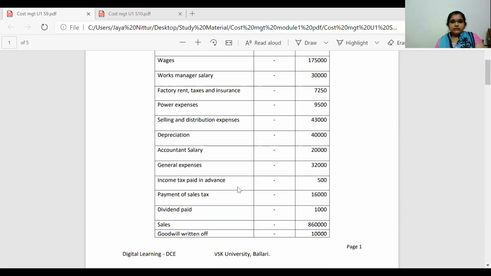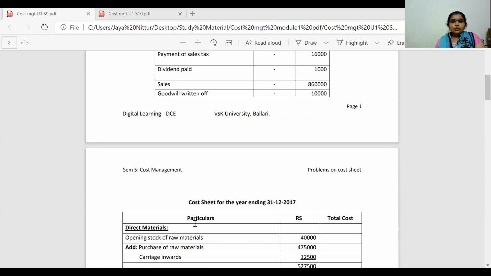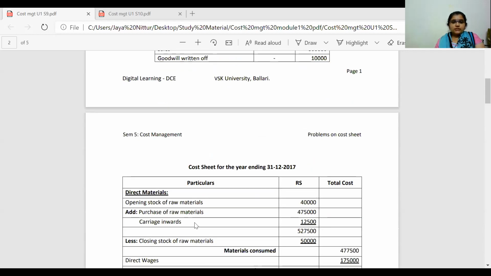It won't come in the cost sheet. Payment of sales tax and dividend paid will also not come in, and goodwill written off is also not included in the cost sheet.